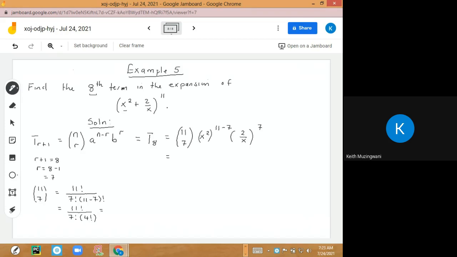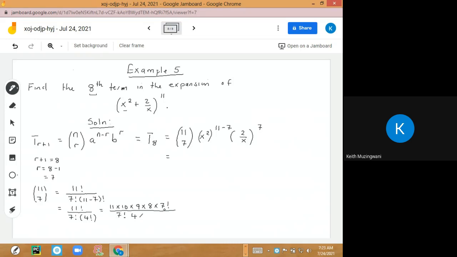Then we start 11 by 10 by 9 by 8 by 7. Once you mention 7, you stop there because you know that there's a 7 down. In mathematics, these numbers are equal. So when you divide, you get 1.